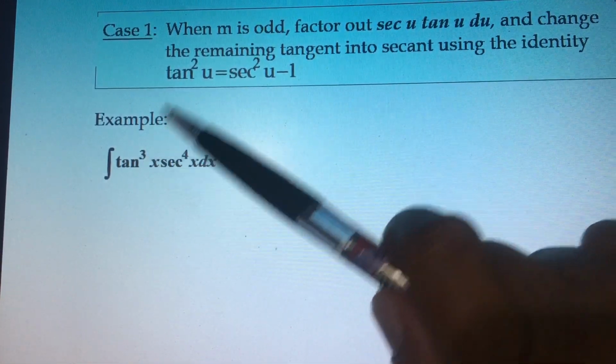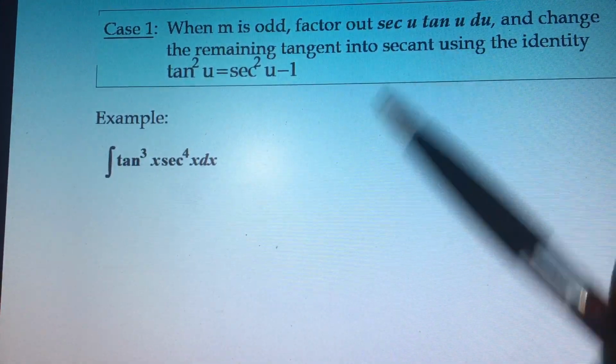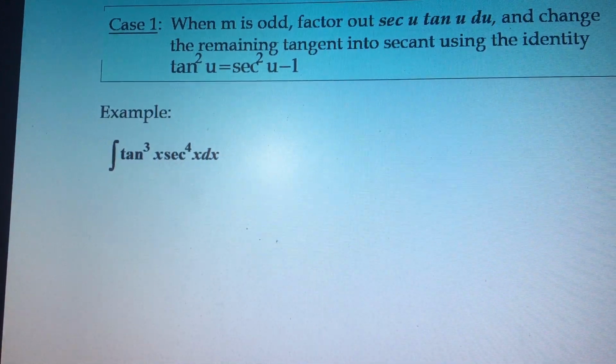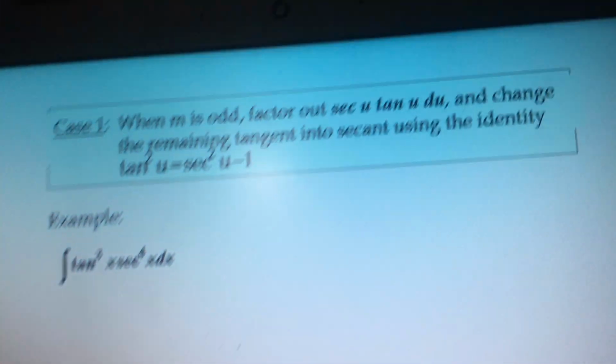The rule here is to factor out secant u tangent u du. I will show you the step-by-step solution for this problem.